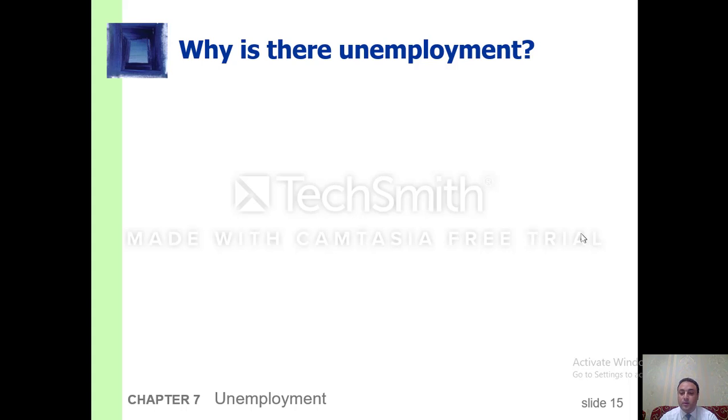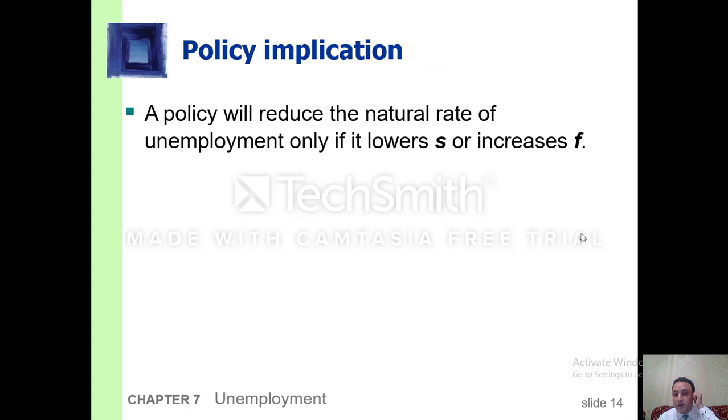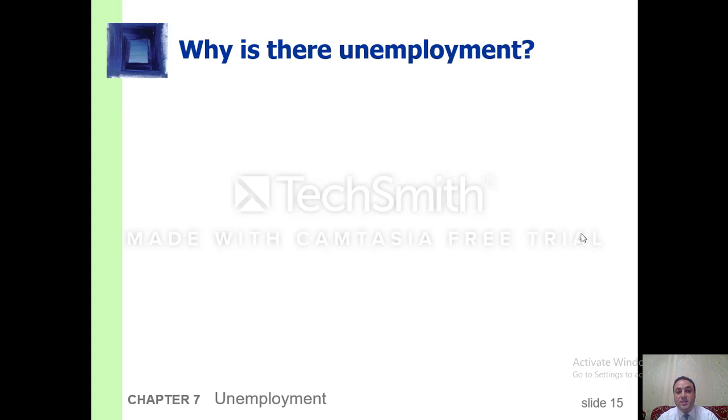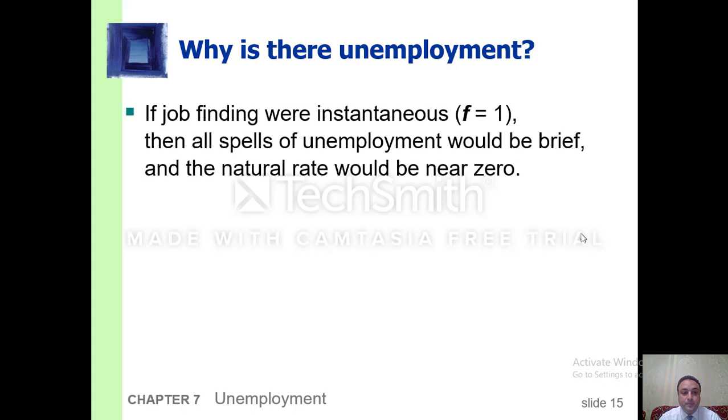So if we know this, why is there still unemployment? If we know how to fix this problem by increasing F, the job finding, or decreasing the job separation, why do we still have unemployment?